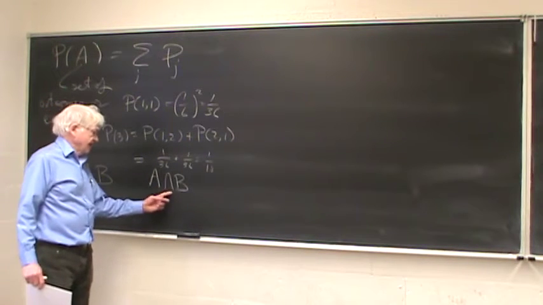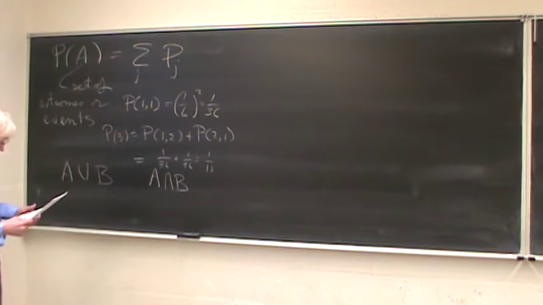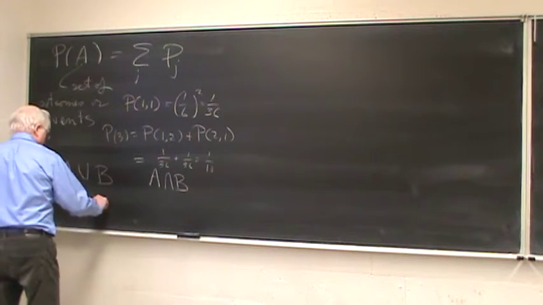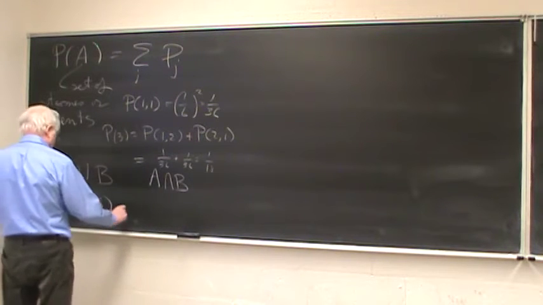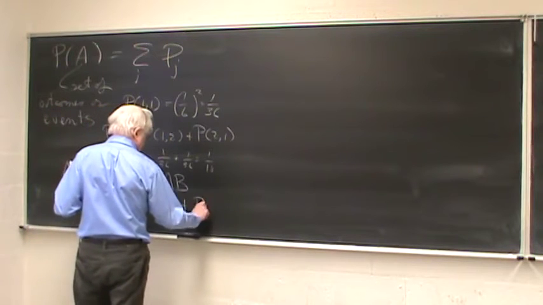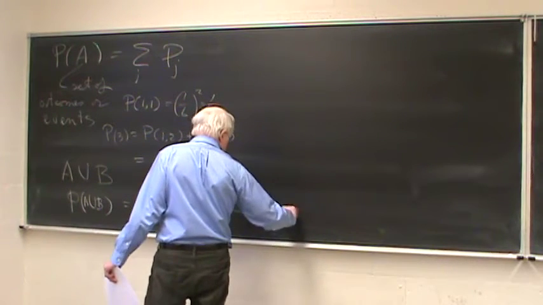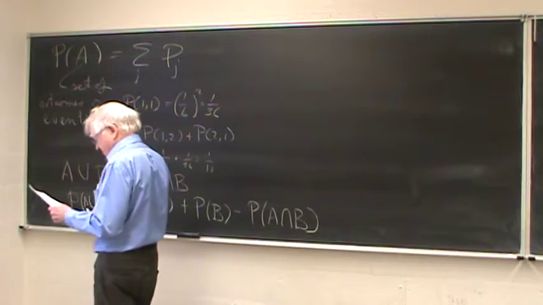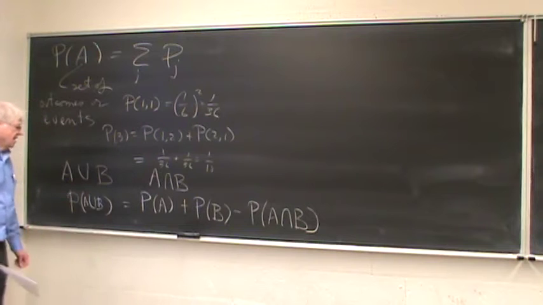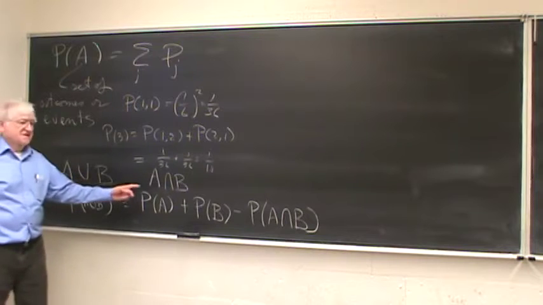This is the set of outcomes that are in both A and B. And what we have then is that the probability of A or B is the probability of A plus the probability of B minus, I guess, what's called the joint probability, P of the intersection. So this is called intersection, this is called union. In LaTeX lingo, this is \cup, and this is \cap.